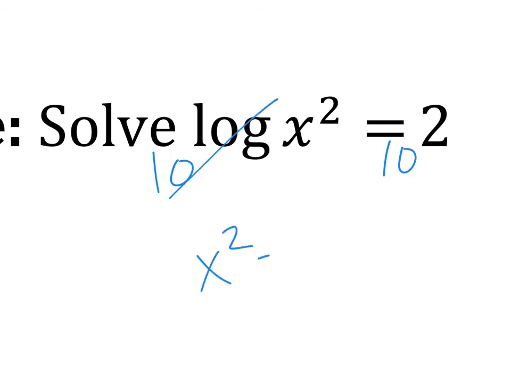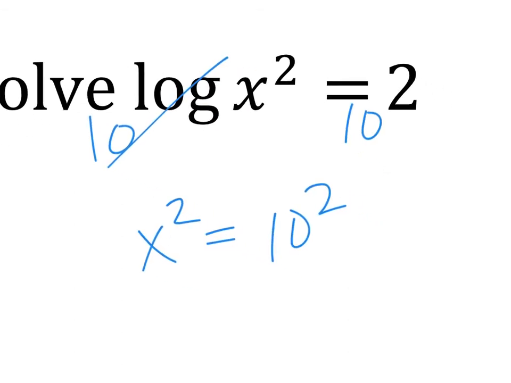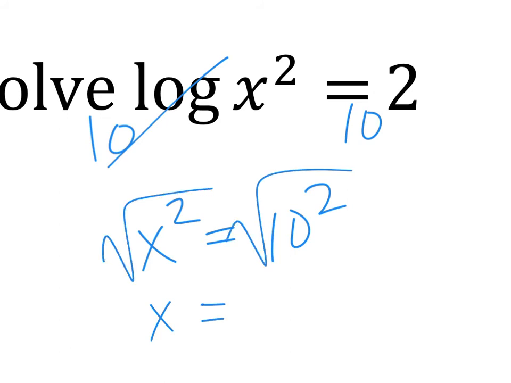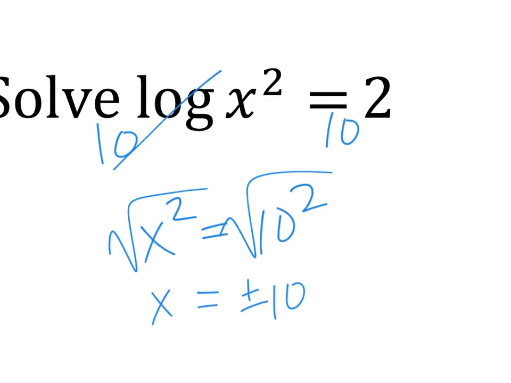Okay, x squared is equal to 10 squared. What do I do next? Square root. Yeah, and then x is equal to plus or minus 10. Okay, the log problems are a little bit tricky. You have to plug it back in to double check, or really just ask yourself, what's the domain?